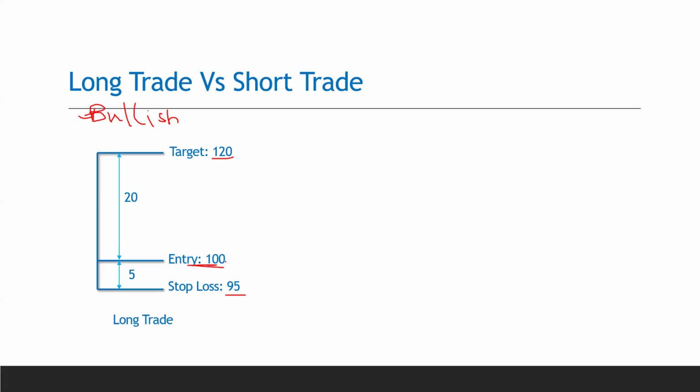So if I buy something at 100, I can set a stop loss for 95 and set a target for 120. This is called a long trade. Now, if I win, how much I will win? 20 rupees. If I lose, maximum, how much amount can I lose? 5 rupees. Maximum I can lose 5 rupees. Correct? This is what a long trade is.